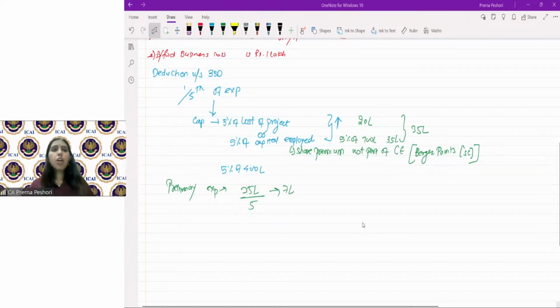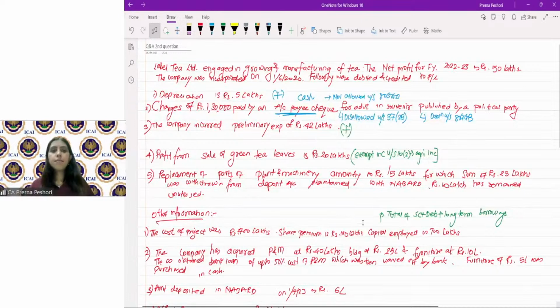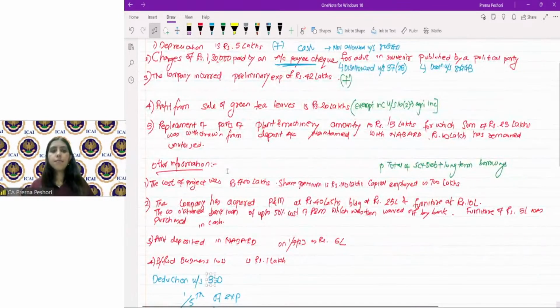Yes, Kaushiki, that's correct. How about 15 lakhs? Have you revised 33AB?